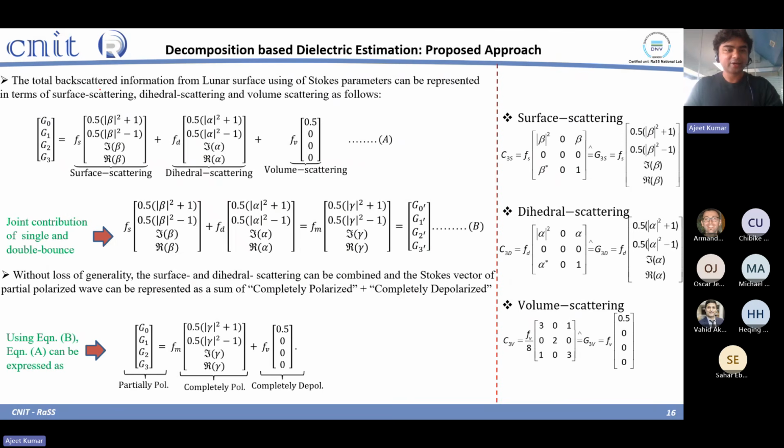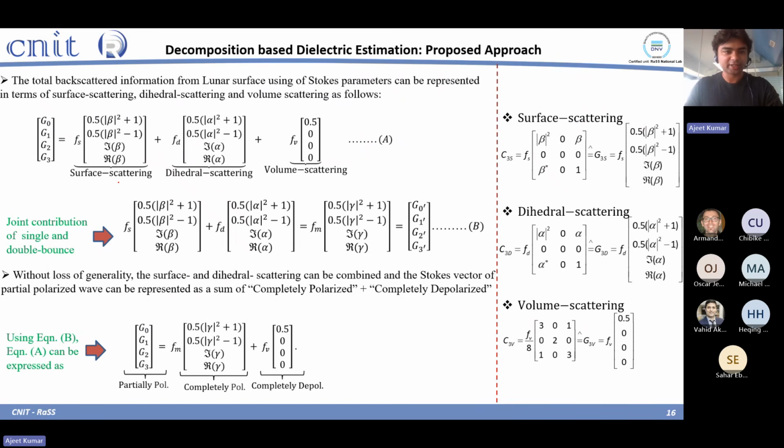As I said, we have recorded the four Stokes parameters. Now they can be decomposed into three different scattering mechanisms: single bounce, double bounce, and volume scattering. You can say surface, dihedral, and volume for deriving the decomposition. Now, this is a very interesting equation.